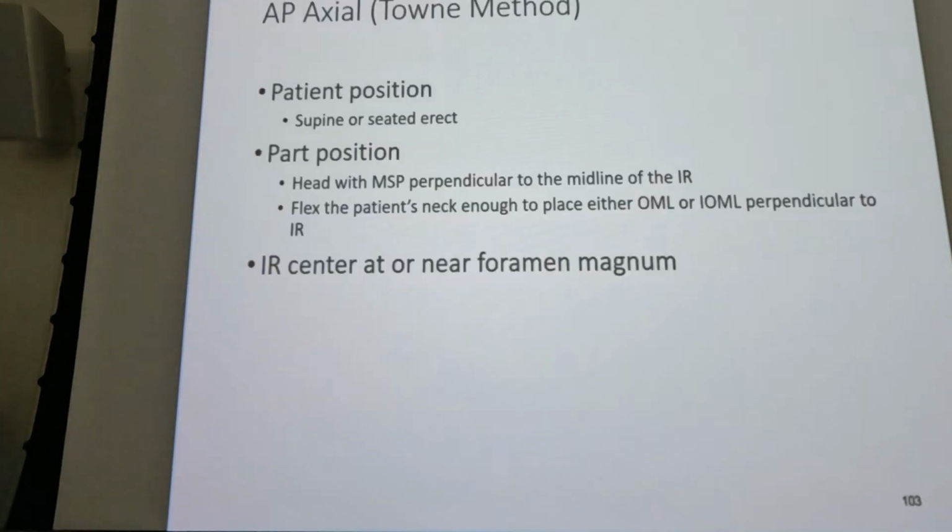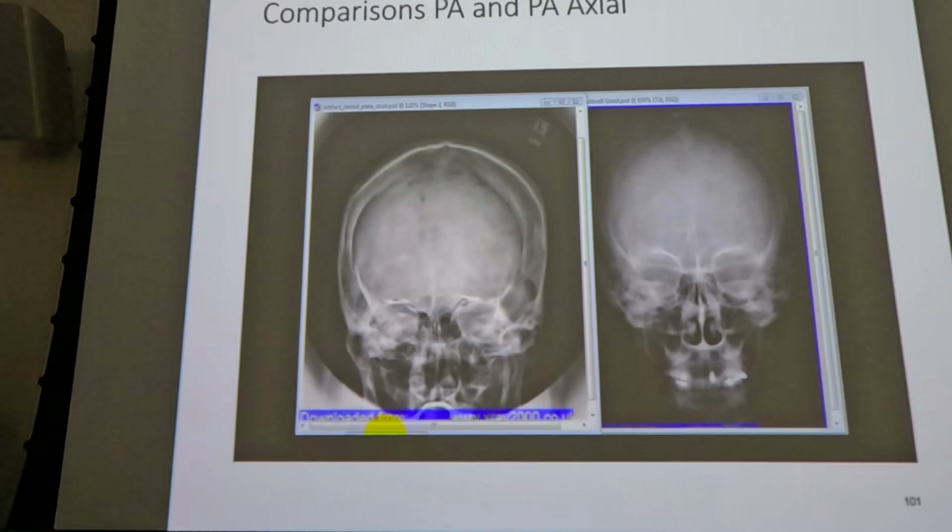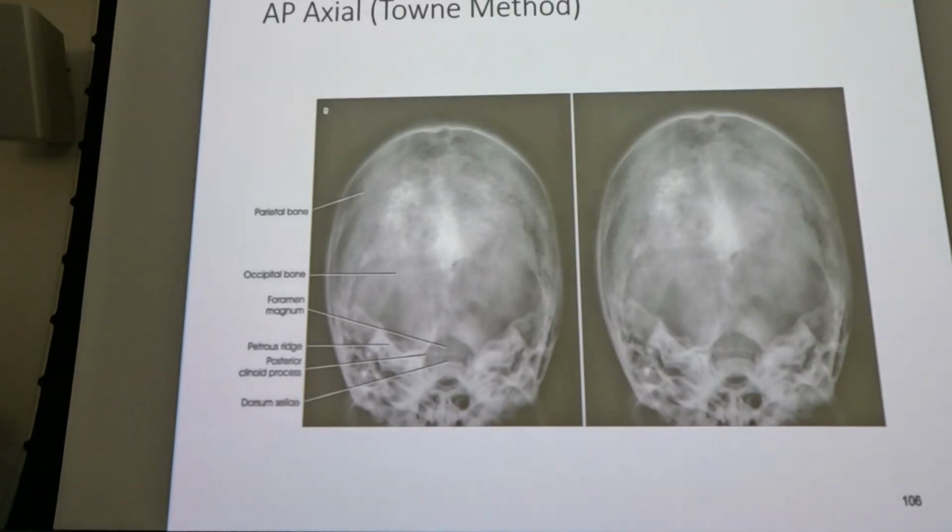So you increased your angulation to 30 degrees caudad, and what do you see? Foramen magnum. What if you increased your angulation even more? What do you think you'd see? You see it some. You see it more.